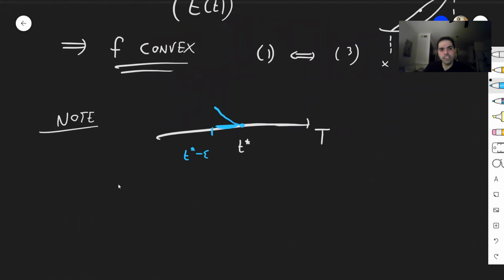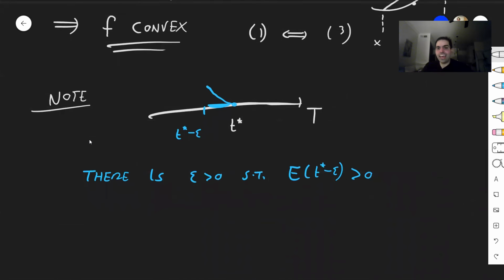So we know there is epsilon positive, such that, again, all of this is by continuity, e of t star minus epsilon is positive. In fact, that's all we need. We don't even need positive on the whole interval. We need positive at some point.